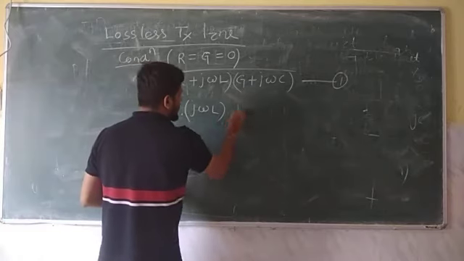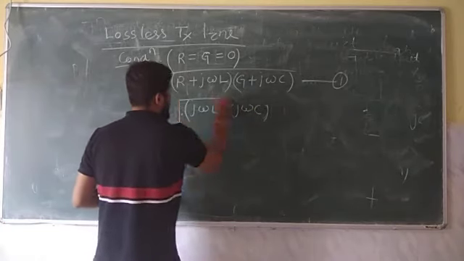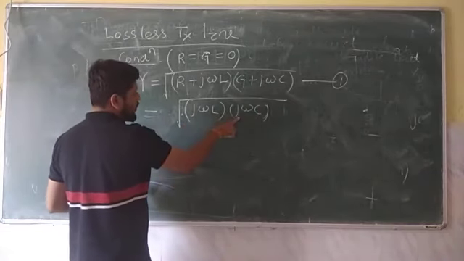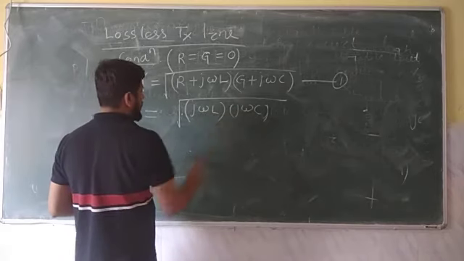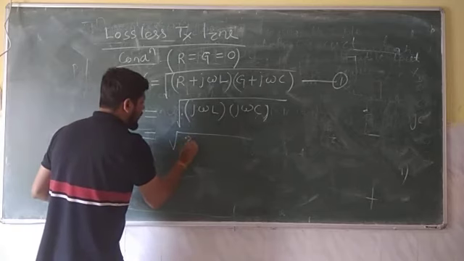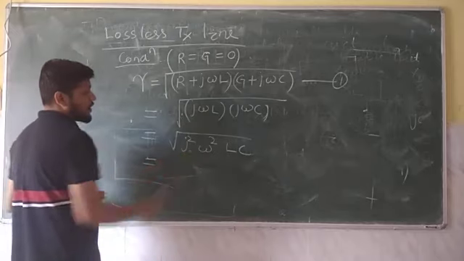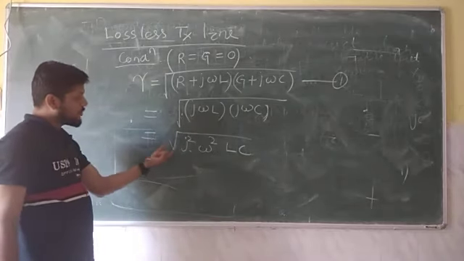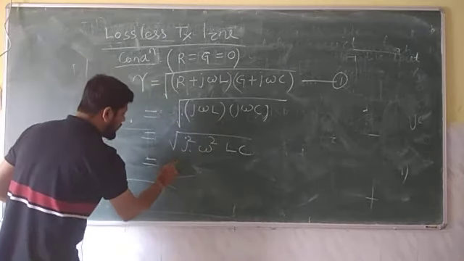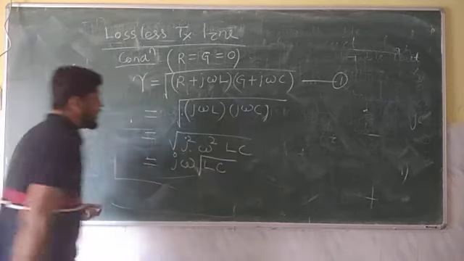Obviously we have j square omega square LC. So root over j square omega square LC, we take j omega common because we have root over. So j omega, remaining we have root over LC.